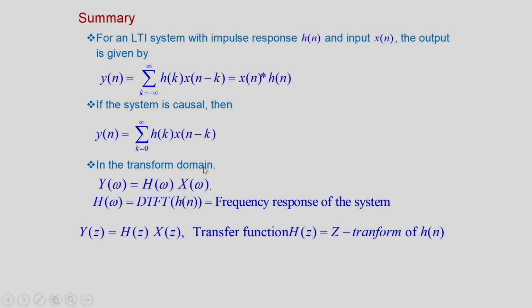In the transform domain, by taking the DTFT, we get the relationship Y of omega equal to H of omega into X of omega, and this H of omega, the DTFT of h[n], is known as the frequency response of the system. Similarly, in the Z transform domain, Y of z is equal to H of z into X of z, where the transfer function H of z is the Z transform of h[n].